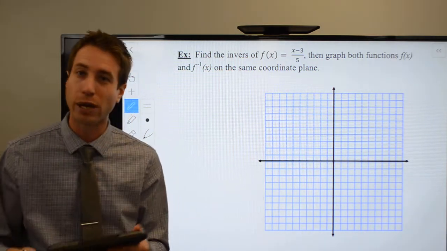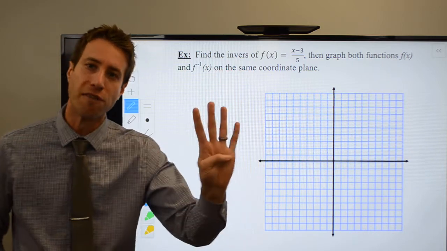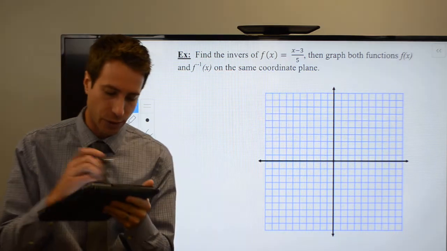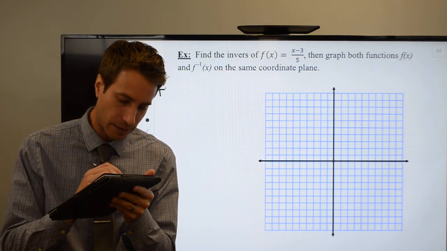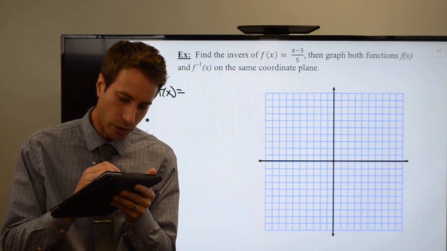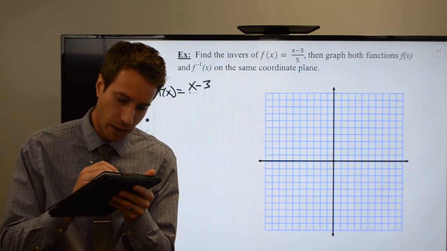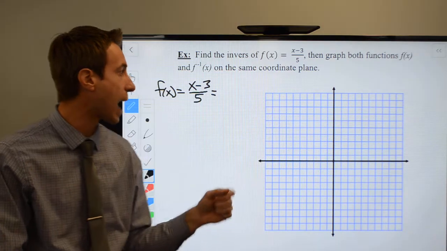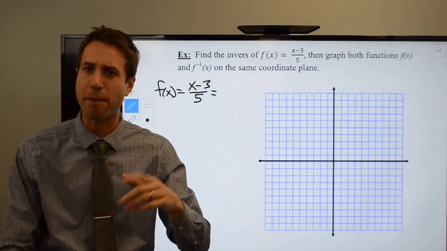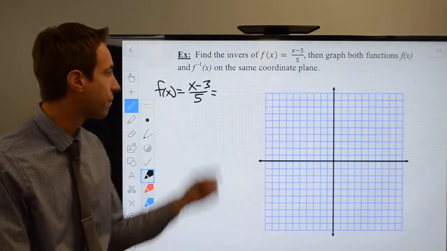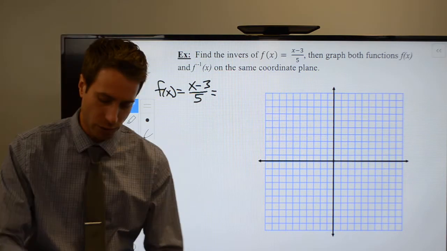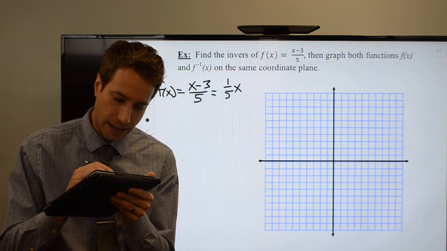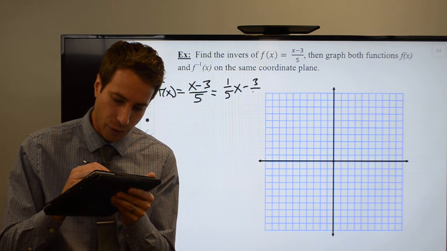We've already taken a look at one of these, so again, we'll just follow those 4 simple steps to find the inverse function. This is the function I was given, f of x is equal to x minus 3 over 5. I have been asked to graph it, so I'm going to put that into slope-intercept form by just simply splitting those guys up, which means that I have 1/5 x minus 3/5.